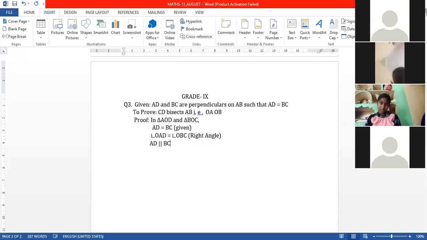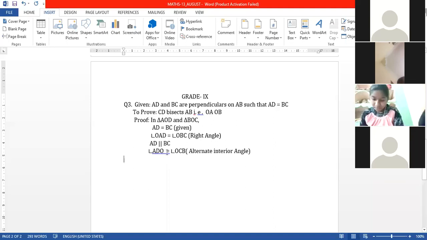If both lines are parallel lines, then with the help of transversal line concept, I can write here angle ADO is equal to angle OCB. Why? Alternate interior angle.